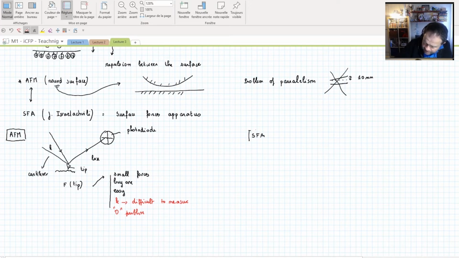The surface force apparatus is an older setup, which was invented in the 70s, before the atomic force microscope. The difference is basically that the tip in the AFM is nanometric, and in the surface force apparatus they are using mica surfaces.